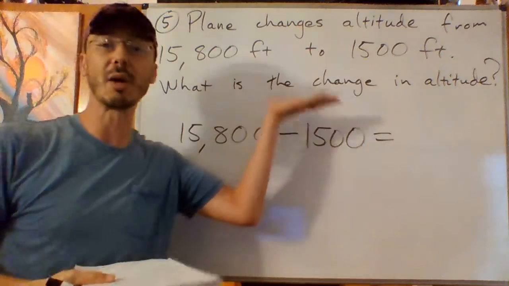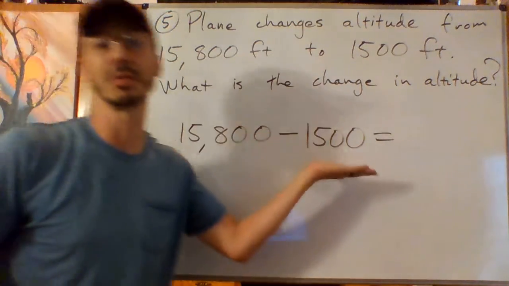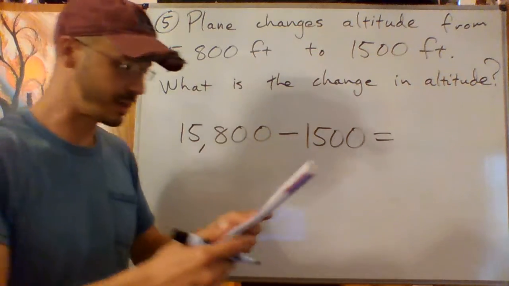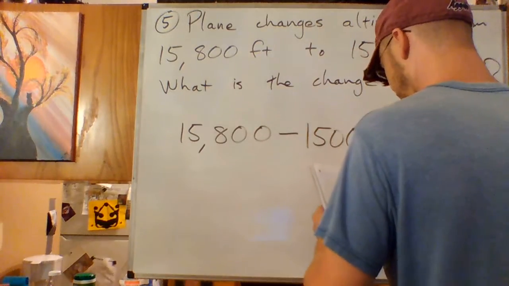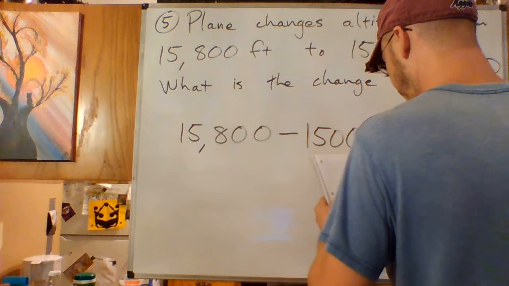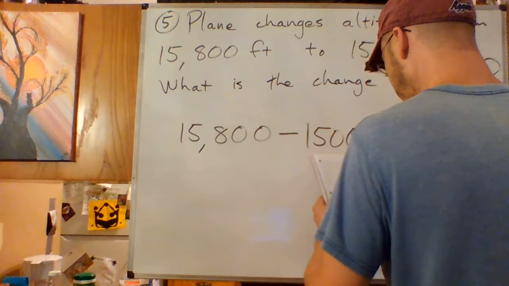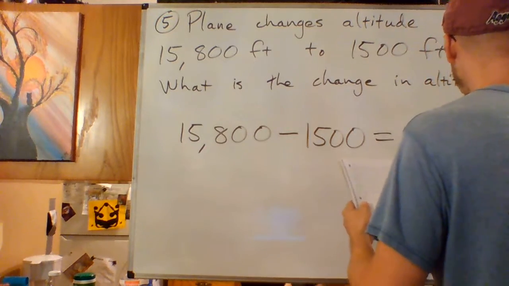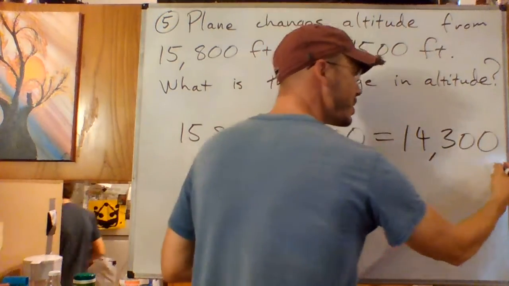That's going to give me how much we go down from the original altitude to the final altitude. I'm going to take the difference of the two. From that I get 14,300 feet. These are both given in feet.